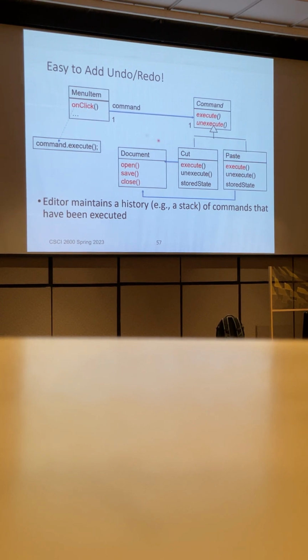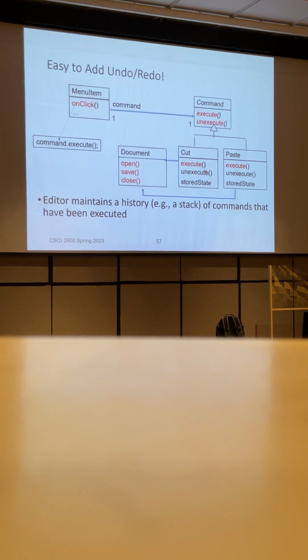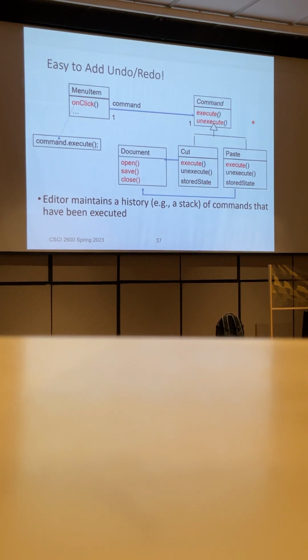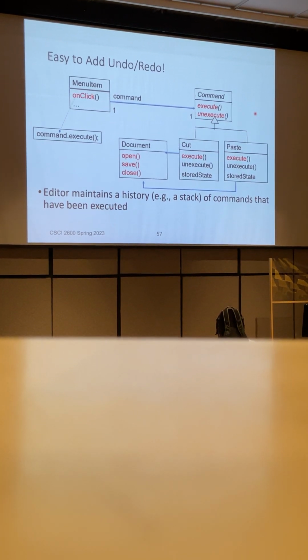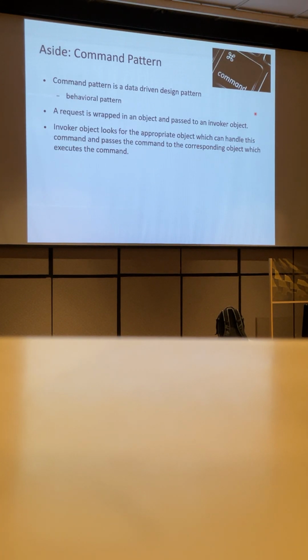Now, regardless of which method was used to call a particular command, there's only one command, and it knows how to undo itself. So we can just push those objects on a stack to maintain our history, and that would be done.